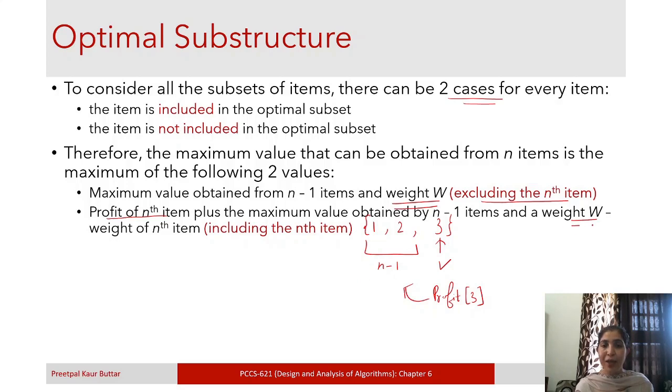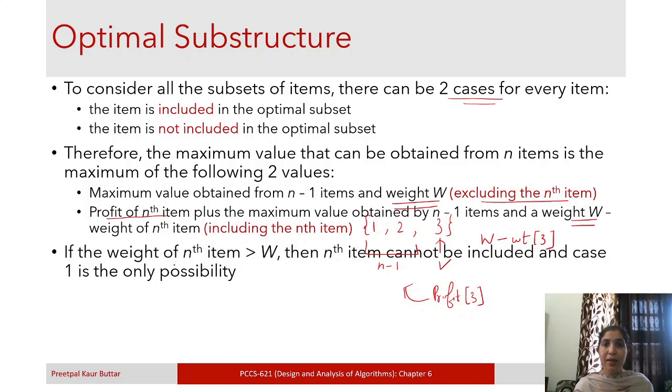And now, because you have picked the nth item, the capacity of the knapsack will decrease. Before picking this item, the capacity of the knapsack was capital W. After picking this item, the capacity will be W minus the weight of the nth item, right? So now these are the two possibilities, by excluding the nth item or by including the nth item, right?